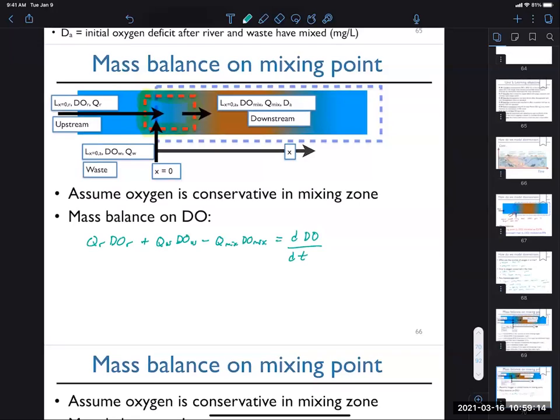But we're also going to assume that the system is at steady state. We can model waste discharges approximately as a steady state, assuming that over the days, weeks, months, there's a nearly constant BOD entering the stream. Solving for DO mix, we get something that looks like this.